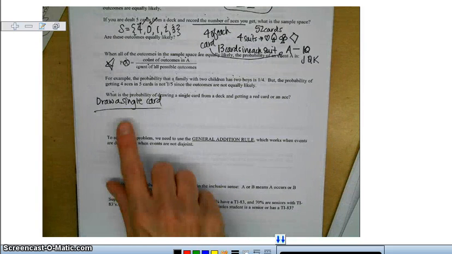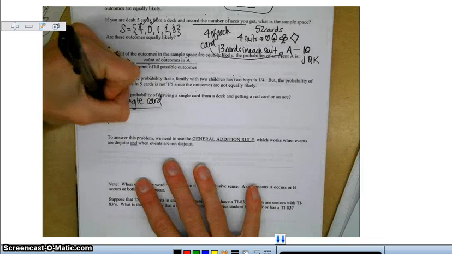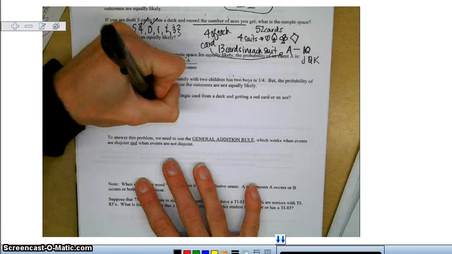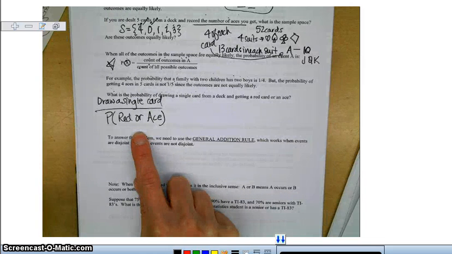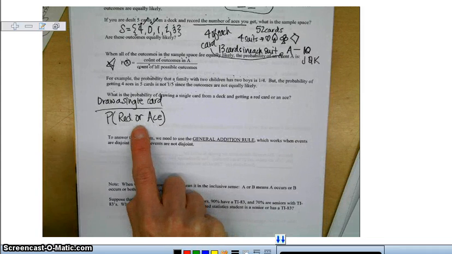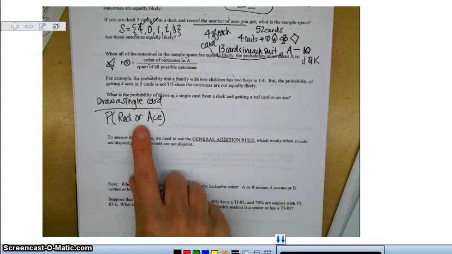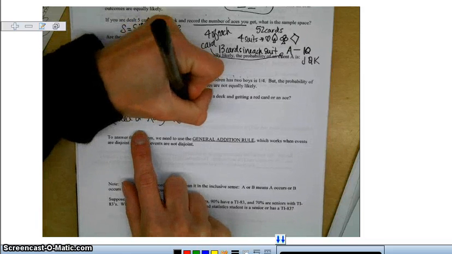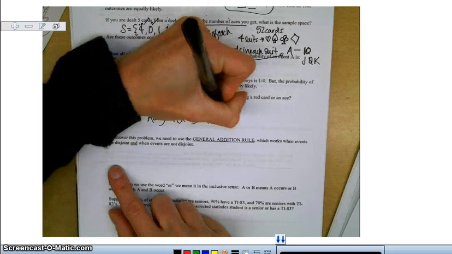So if I'm going to draw a single card, the probability of getting a red or an ace. Notice how I take the words and write it as a probability problem. If I can't write it as an or or an and problem right away, that's okay; here it had or already. So that's the probability of getting a red card plus the probability of getting an ace.